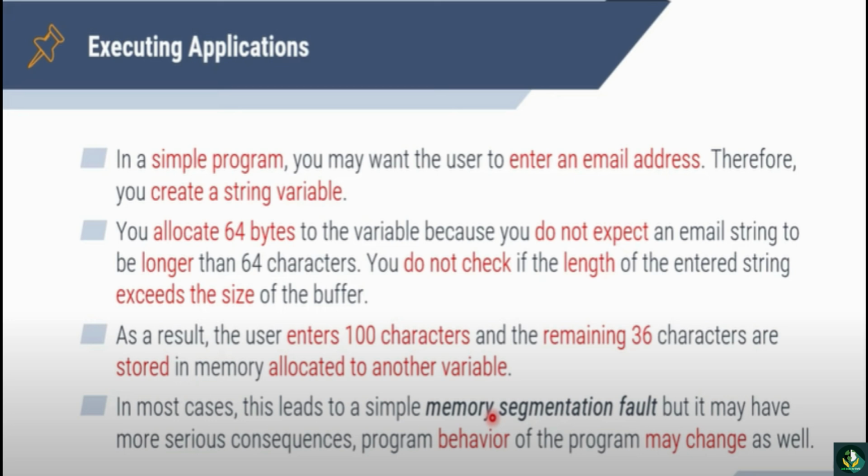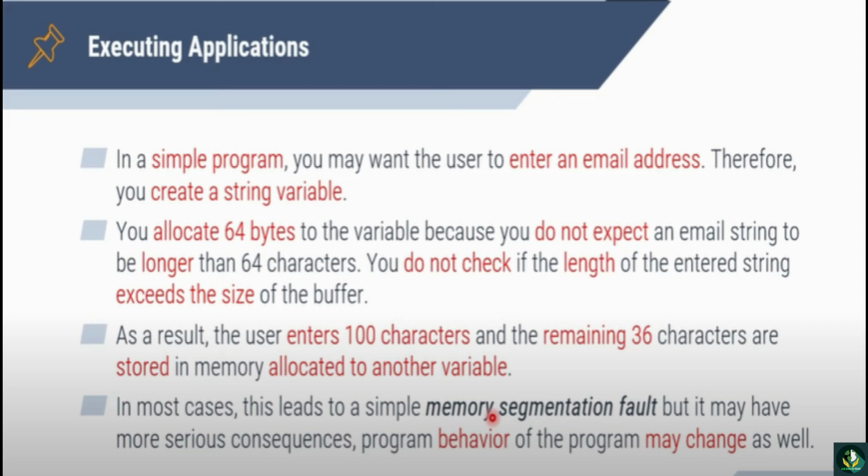In a simple program, you may want the user to enter an email address. Therefore, you create a string variable. You allocate 64 bytes to the variable because you do not expect an email string to be longer than 64 characters. You do not check if the length of the entered string exceeds the size of the buffer.